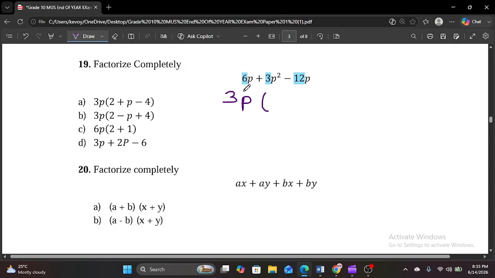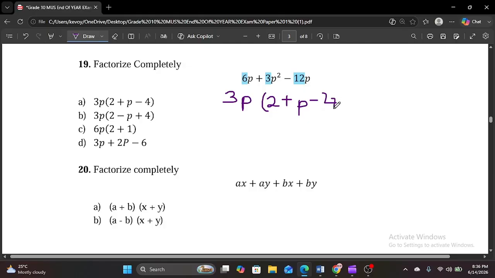So that means I'll be left with, if I divide 6 by 3, I'll be left with 2. If I take p from this first term right there, I'll be left with nothing. So that's just 2 plus, if I take 3 divided by 3, I'll be left with nothing right there. But if I take p from this p squared right here, I'll be left with p, minus, so 12 divided by 3, I'll be left with negative 4.